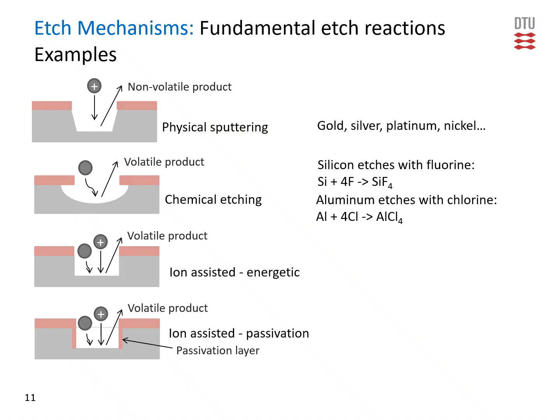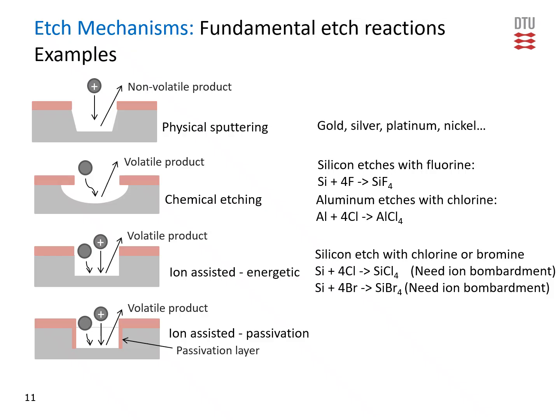Then for the chemical etching, there are two good examples here. There's silicon etching in fluorine gas. Silicon turns into silicon tetrafluoride very easily, and that can etch chemically without any ion bombardment. The same goes for etching aluminum in a chlorine chemistry. That very easily forms aluminum trichloride.